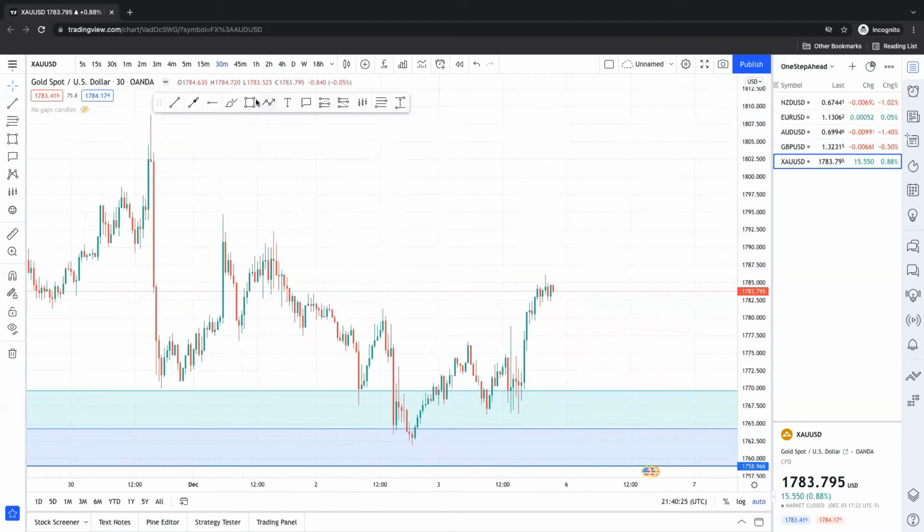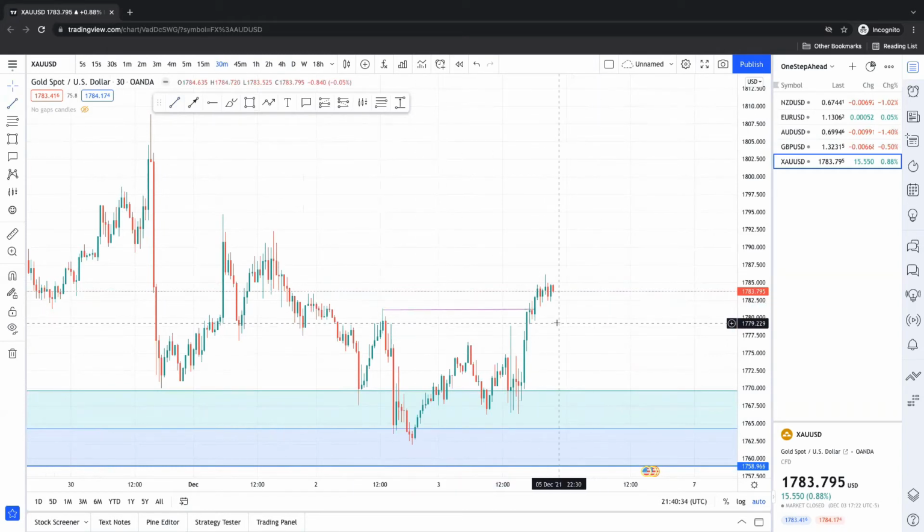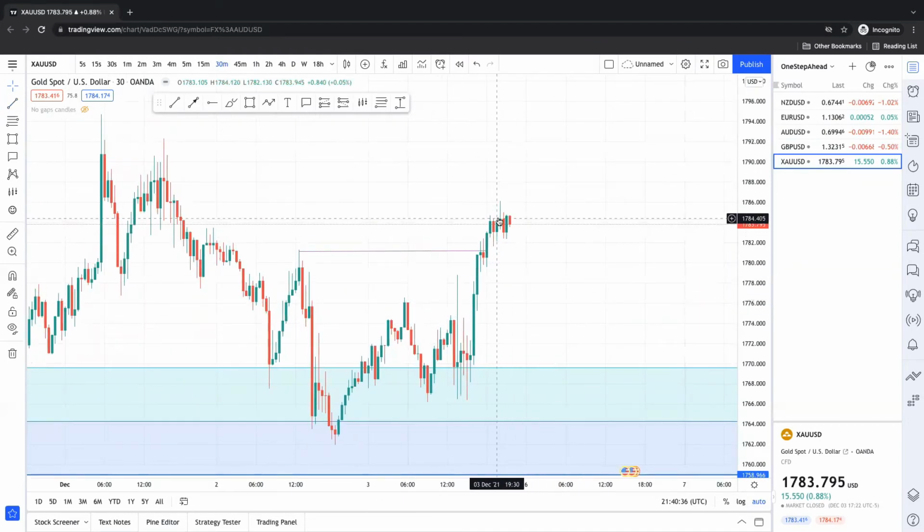So I think you should get order flow on the 30-minute or something. For example, this is a high which is broken here, and where is this order block? I think it's too ugly, but I guess this bearish candle.